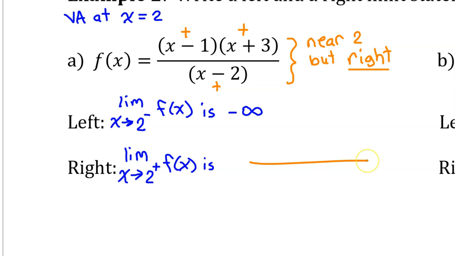Or again, if you don't like the decimals, to the right of 2 on the number line would be 3. You could just use 3 if it makes you feel better. 3 minus 2 is 1. That's going to be positive. Clearly, the overall sign of f of x will be positive in this situation. In other words, the limit as x approaches 2 from the right of f of x is positive infinity.